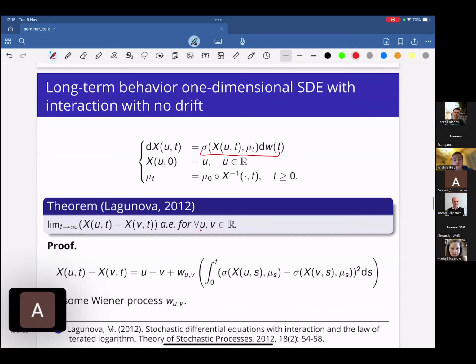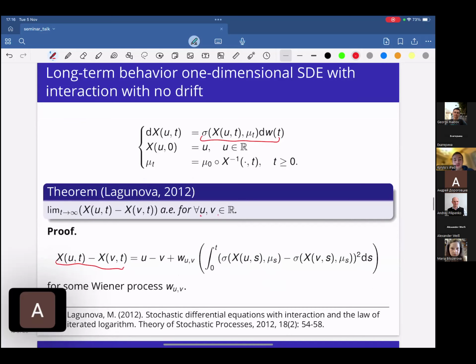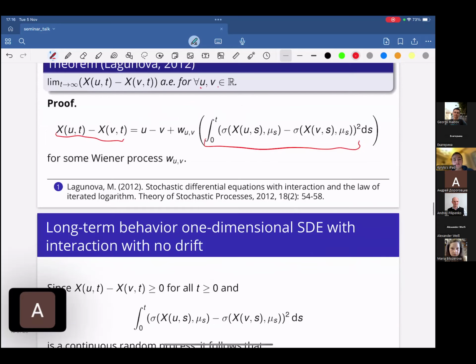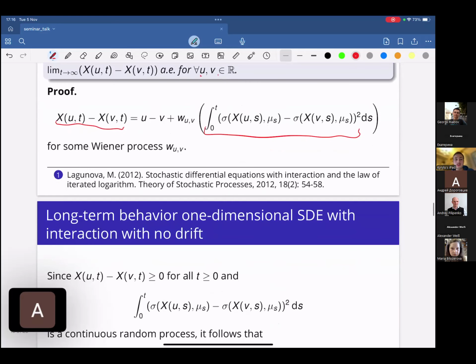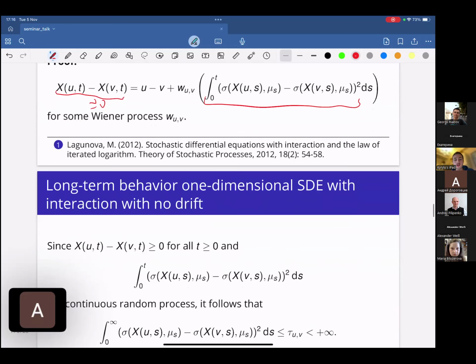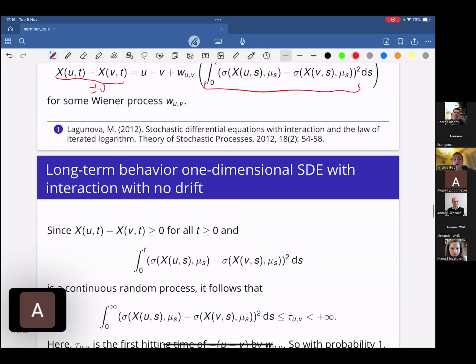The idea of her proof is that if we consider such a difference, it is a non-negative martingale, and we can represent it using a random time change. Because the left-hand side is greater than 0, the right-hand side also needs to be greater than 0.